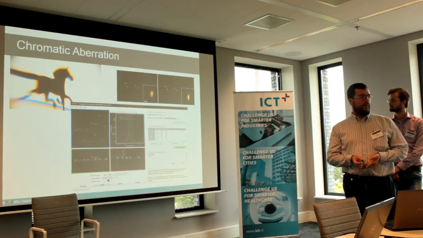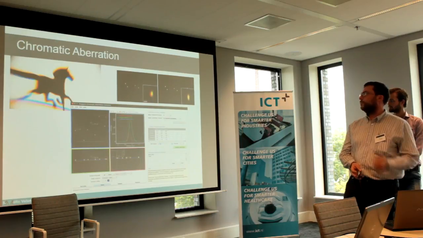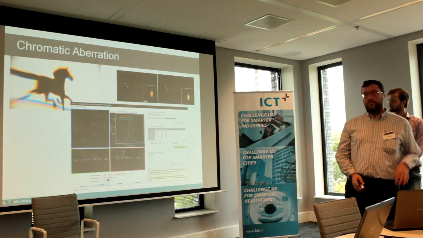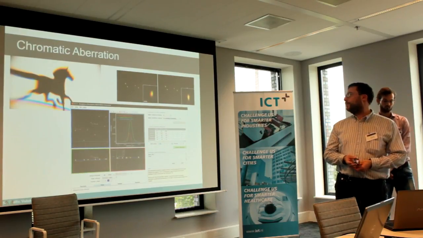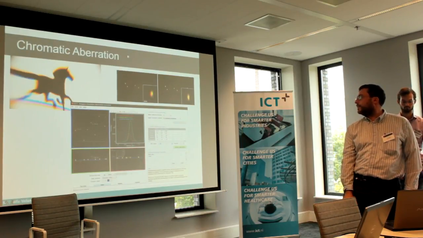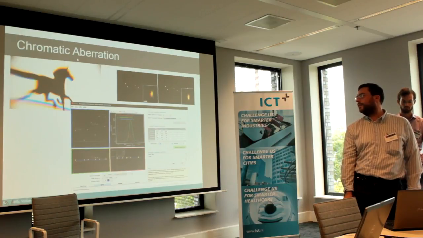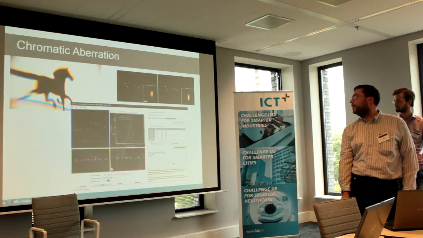So the lenses act differently on different wavelengths. So you get something called chromatic aberration, which you try to correct for in part in the lens, but any residual chromatic aberration problems you can try to correct in software, so the colors end up shifted relative to each other.